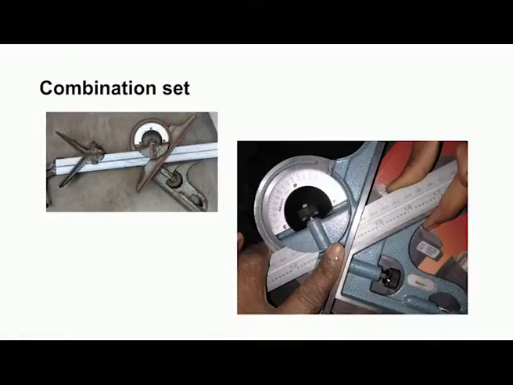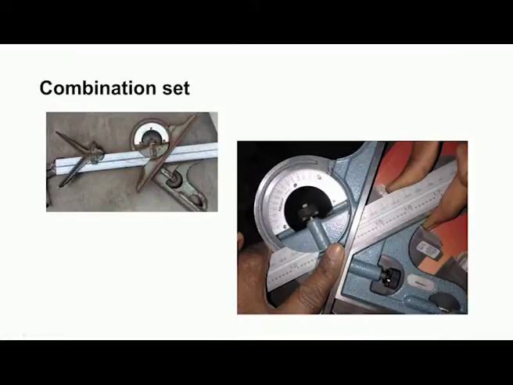Now, what we have to do is insert the workpiece whose angle is to be measured. For example, this is the workpiece. The angle between this particular surface and this particular surface we want to measure. The workpiece is placed between the steel rule and the blade, and there should be intimate contact between the workpiece surfaces and the blade surfaces.